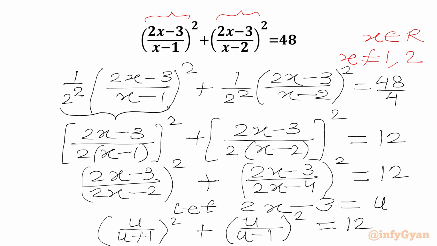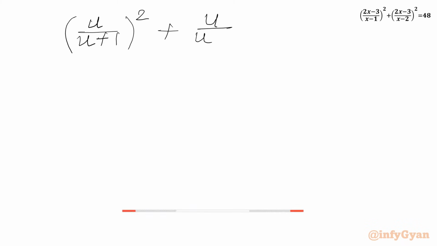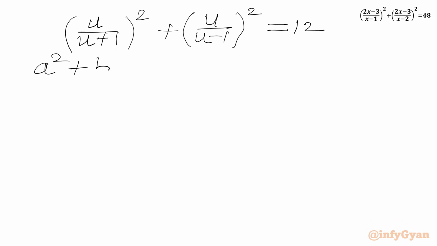Now this is a square plus b square form in the LHS. Let me write here (u/(u + 1))^2 + (u/(u - 1))^2 equal to 12. Now we know one algebraic formula: a square plus b square can be written as (a + b) whole square minus 2 times ab.